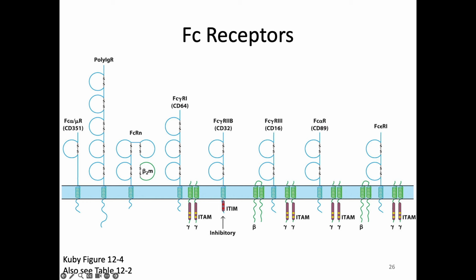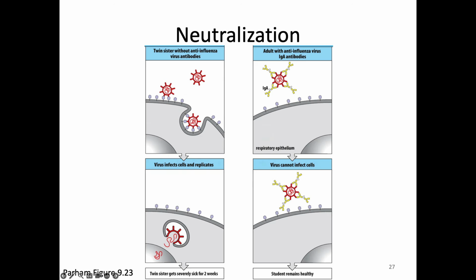The third of our 6 functions is also one that I find relatively straightforward, which is called neutralization. We often think about neutralization as being a really useful function when we are thinking about viruses. I, as an immunologist who thinks about virus infection, think about neutralization pretty often.